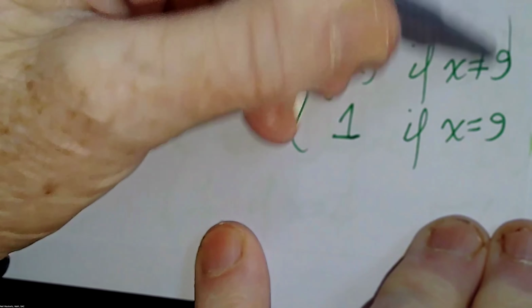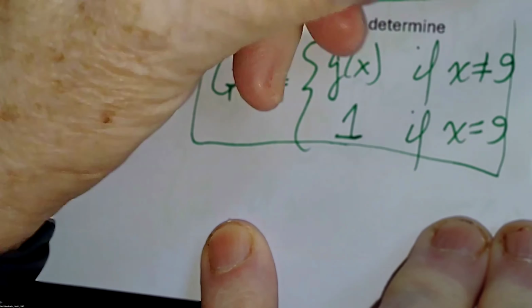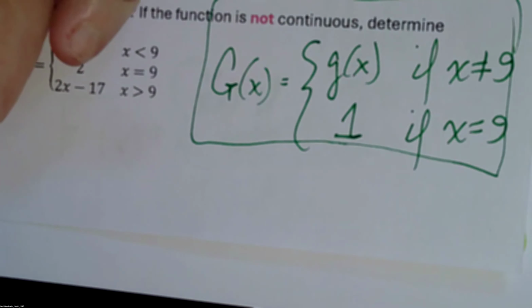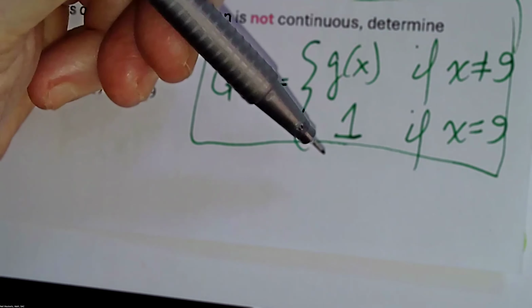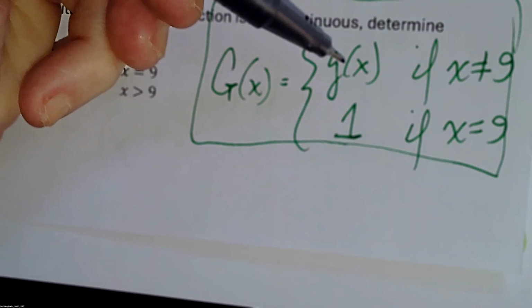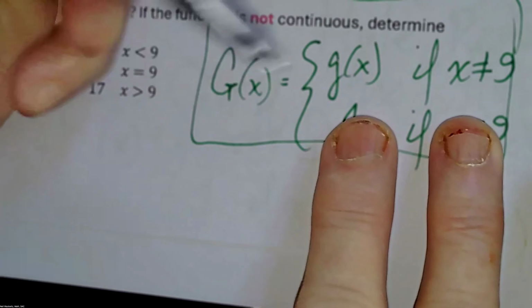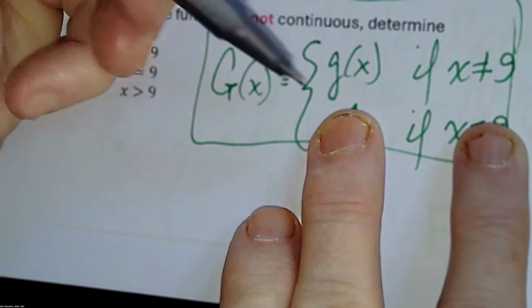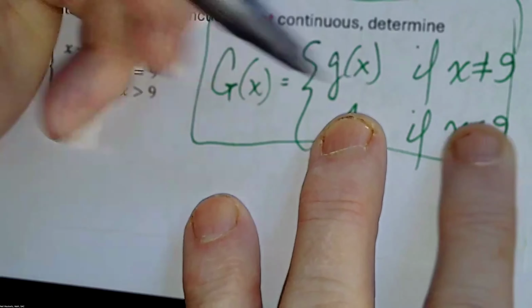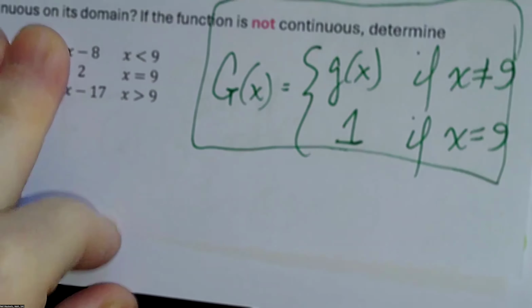So you can create functions in this way to paste a value you want onto a function you have without losing any of the important parts of the function that you started with.